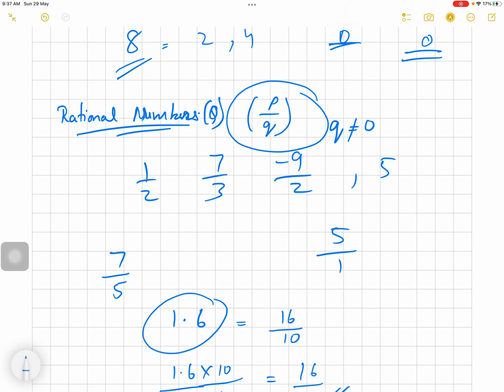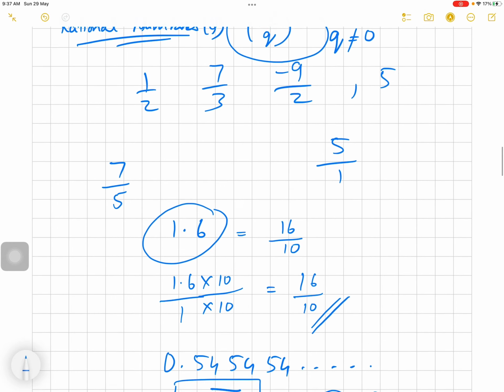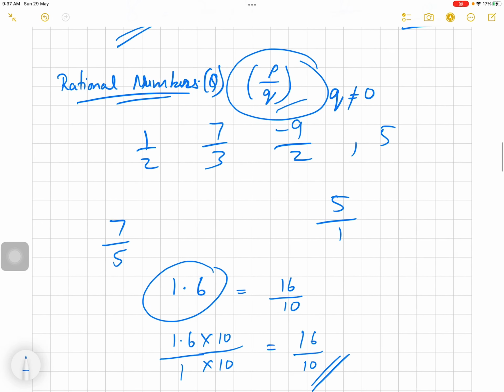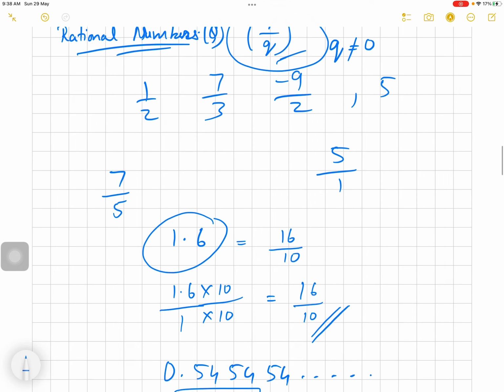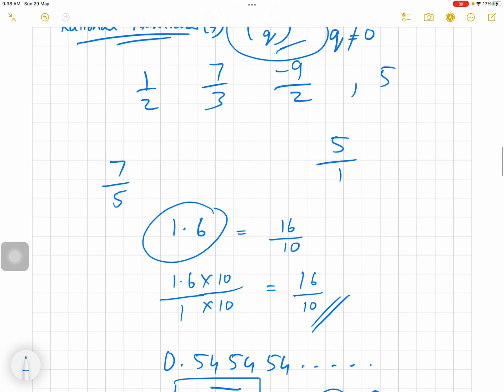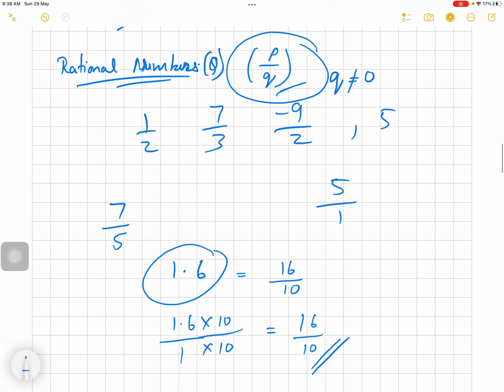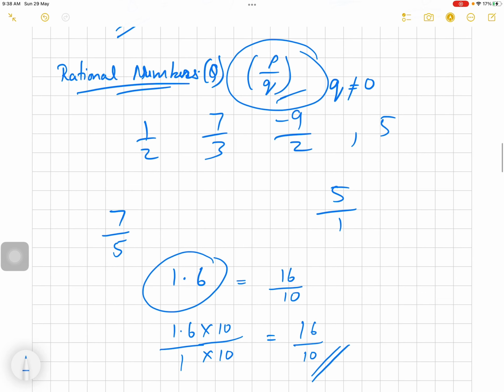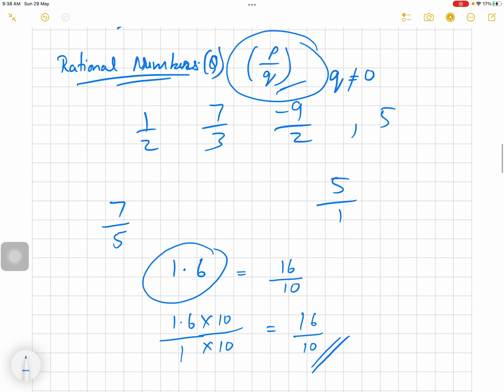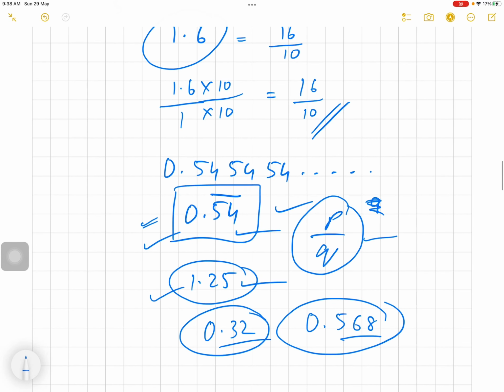Rational numbers. Rational numbers are those numbers which can be written in the form of p by q.